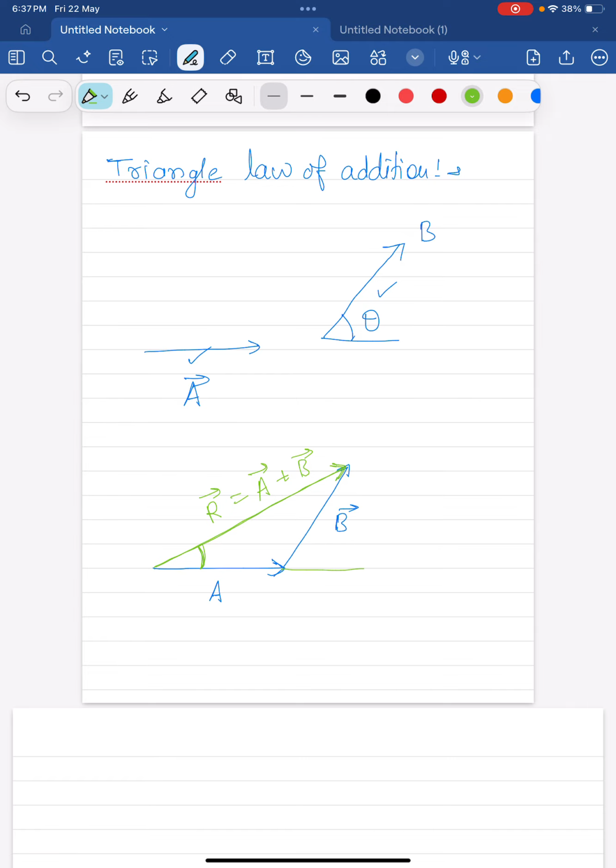This angle is given as theta. Now we will draw a perpendicular, so it will be converted into a right angle triangle like this. This side is B and the angle is theta, so this length will be equal to B cos theta, and this side will be equal to B sin theta.